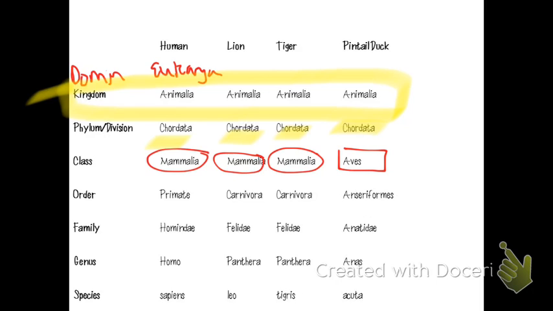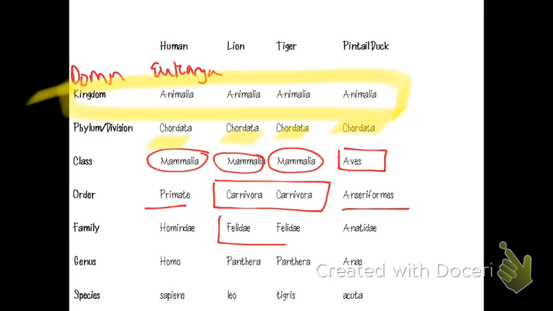If we keep on continuing further, we see the human now is in the order of primate. The lion and the tiger are both in Carnivora, and the pin-tailed duck is in the order of Anseriformes. And if we continue on further, we can see that the human and the duck are now in completely different pathways. But if we look at the lion and tiger, we go to the next one, we see the family.